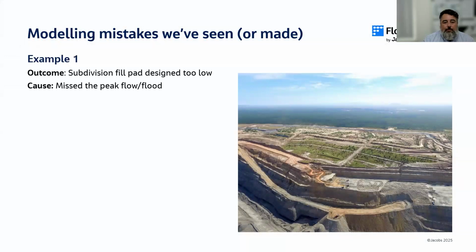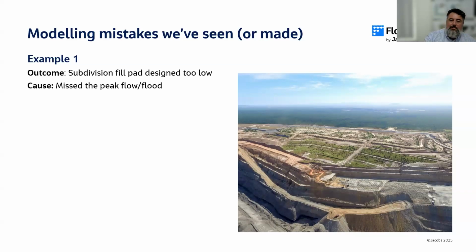The first one that I'd like to share with you, I think I've got 5 in total, actually happened quite recently. It was a residential subdivision in a floodplain area, and the model missed the peak flow. So a fantastic hydrological model, a fantastic 2-dimensional model, no problems in either of those.